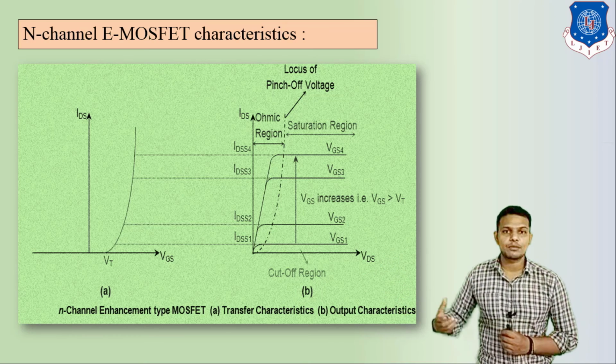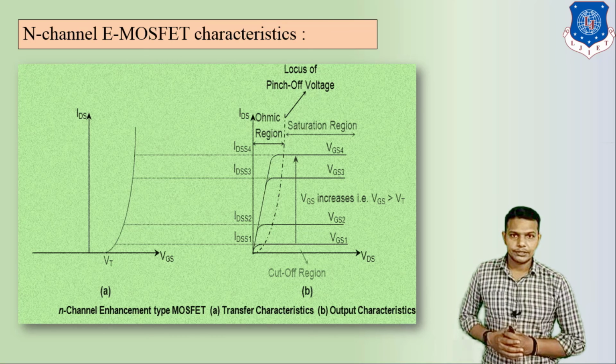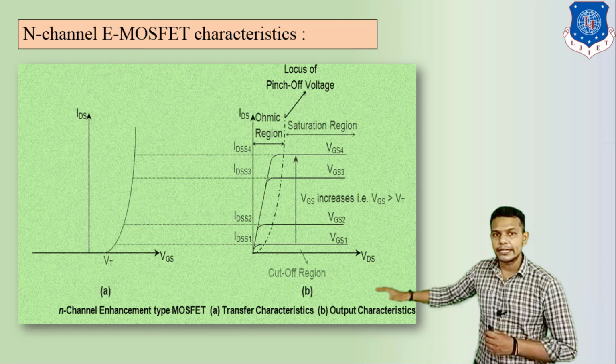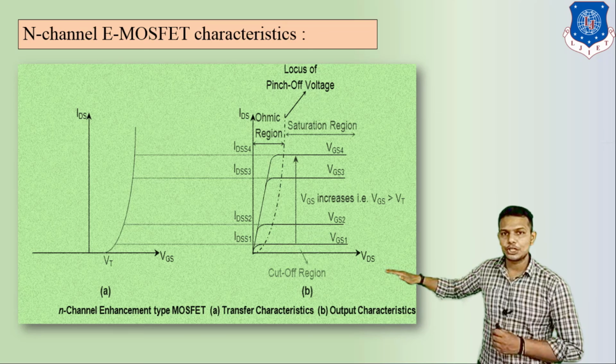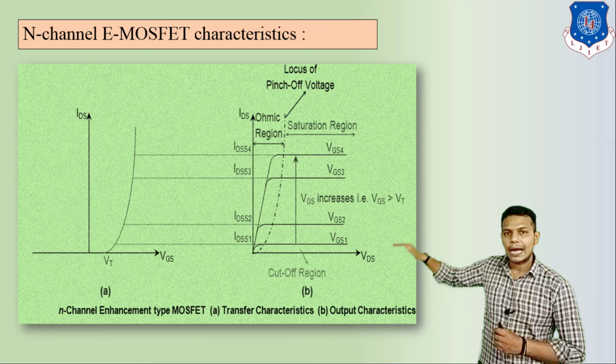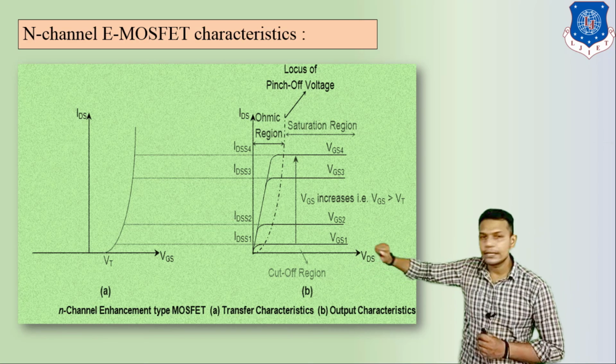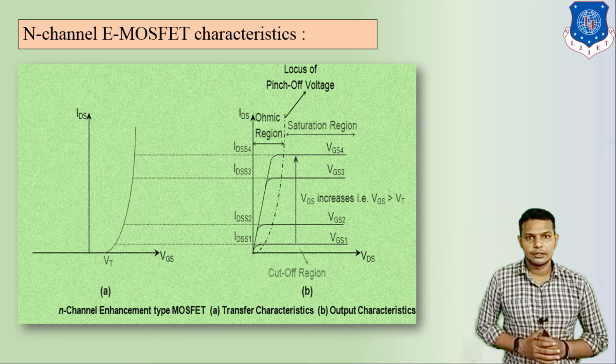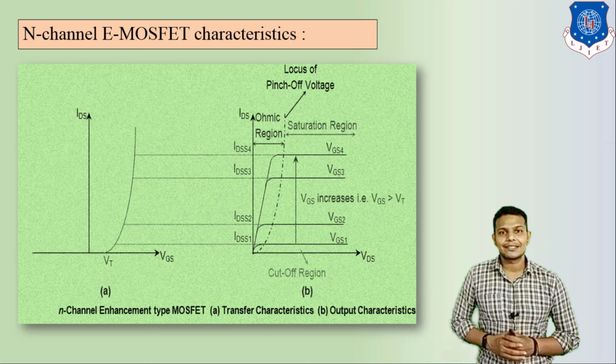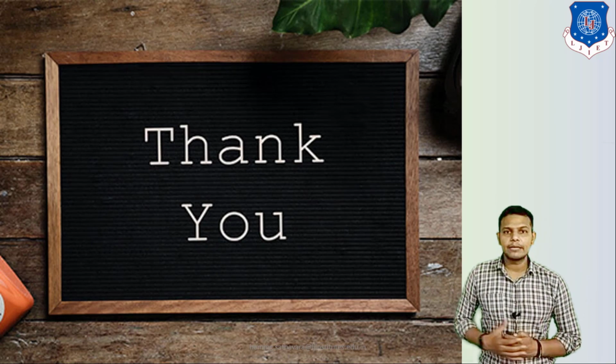So this is the difference between the two. If we increase VGS gradually, the current ID also increases, which we can see in the transfer characteristics. So this is the characteristics of N-channel E-MOSFET.